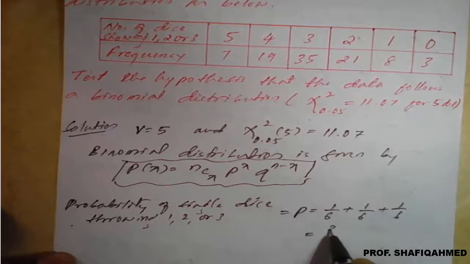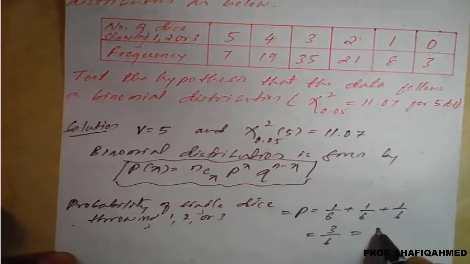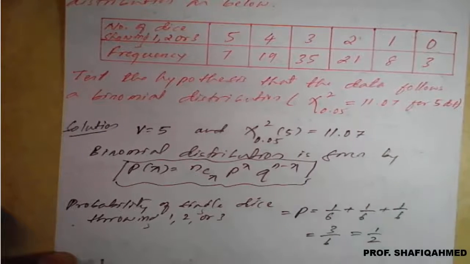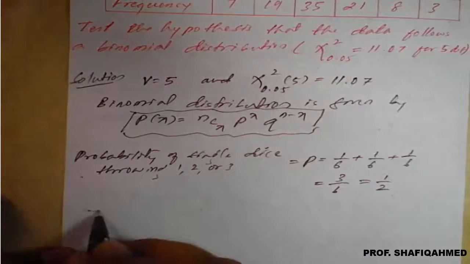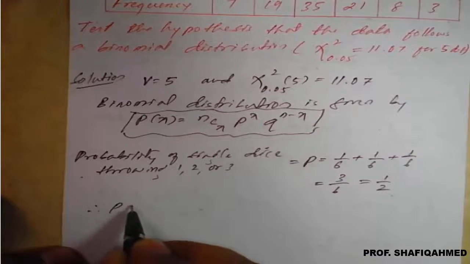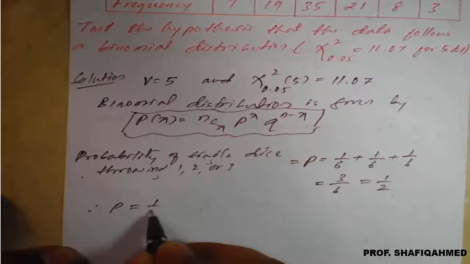So this is nothing but 3 by 6, which is 1 by 2. Therefore the probability of the given event is p equal to 1 by 2.